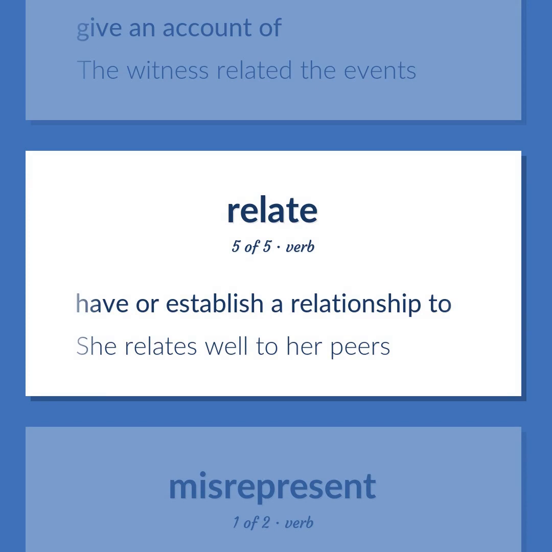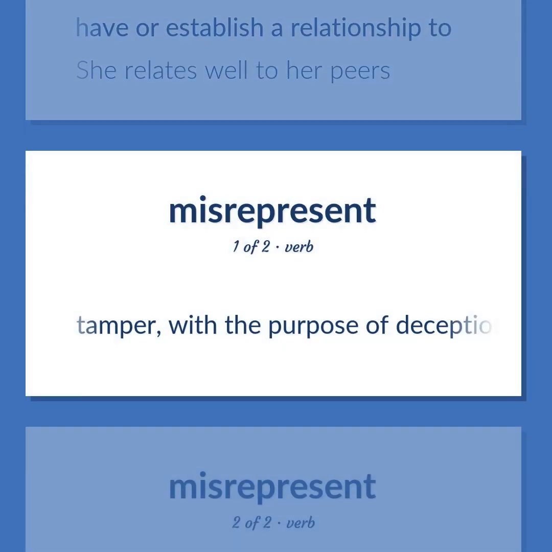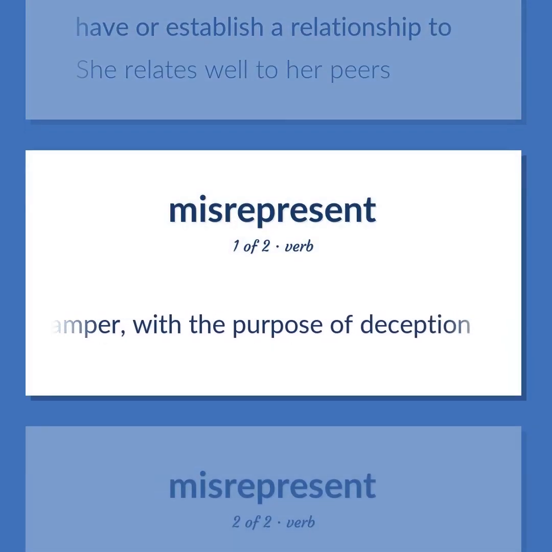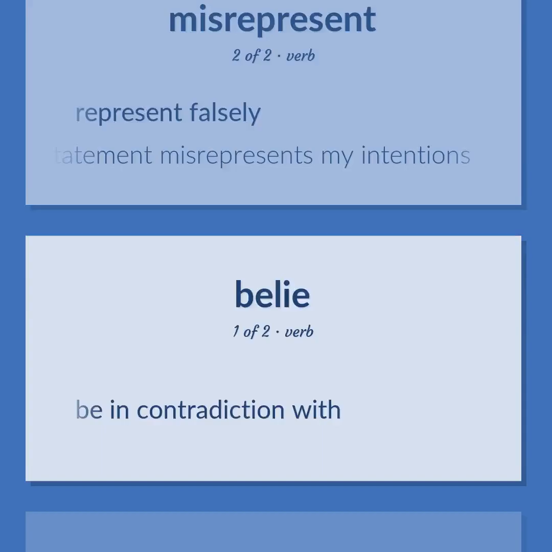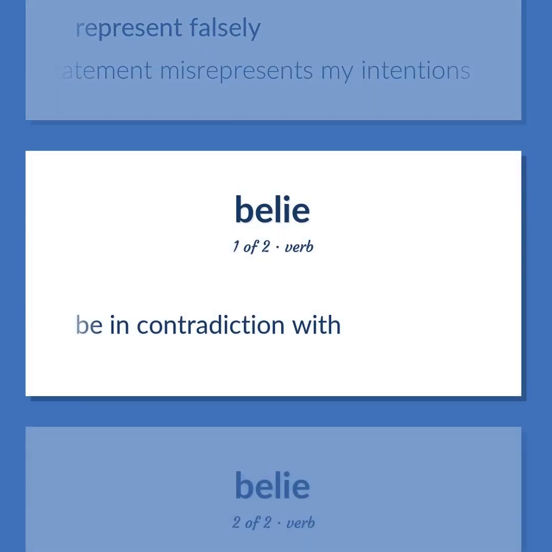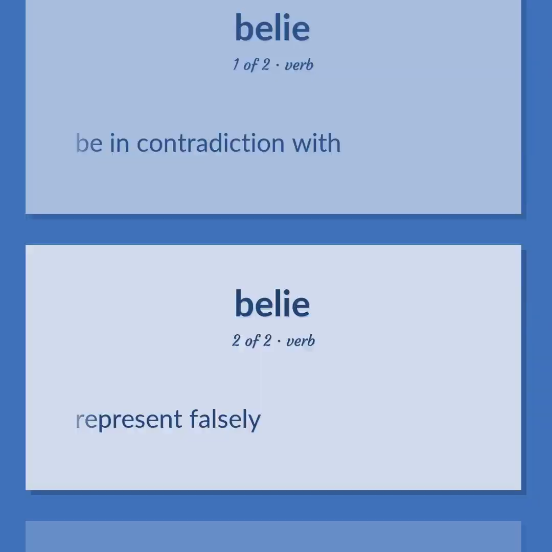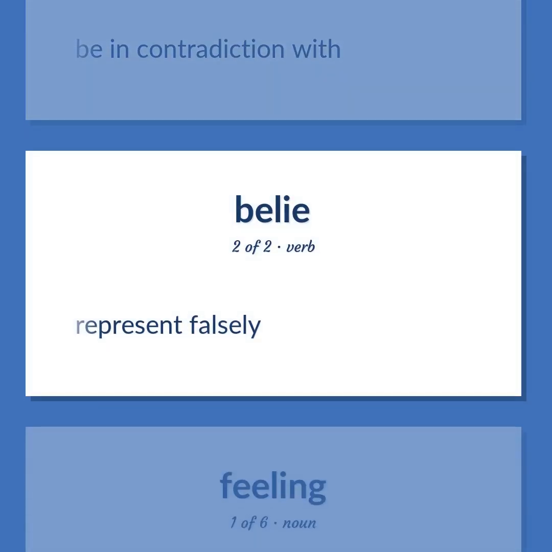Have or establish a relationship to. She relates well to her peers. Tamper, with the purpose of deception. Represent falsely. This statement misrepresents my intentions. Be in contradiction with. Represent falsely.